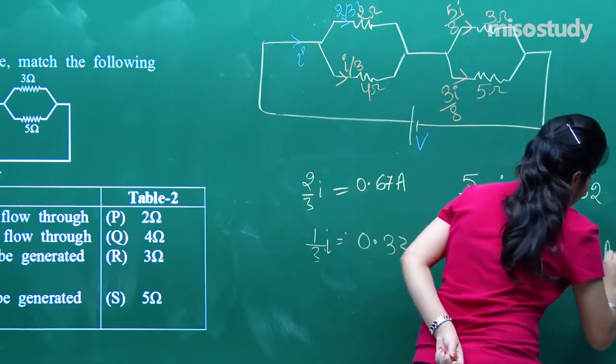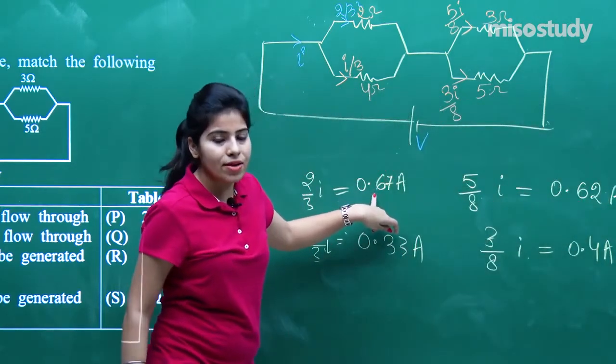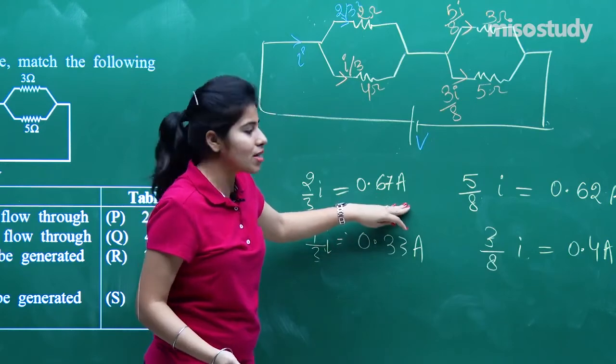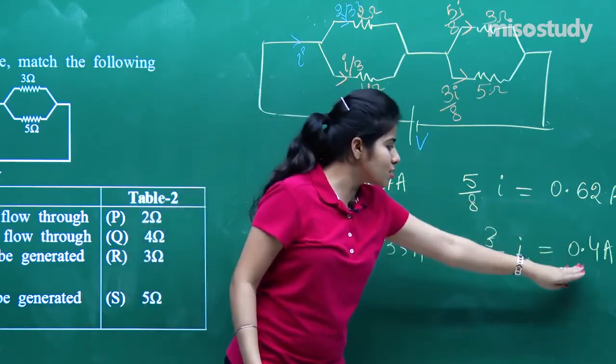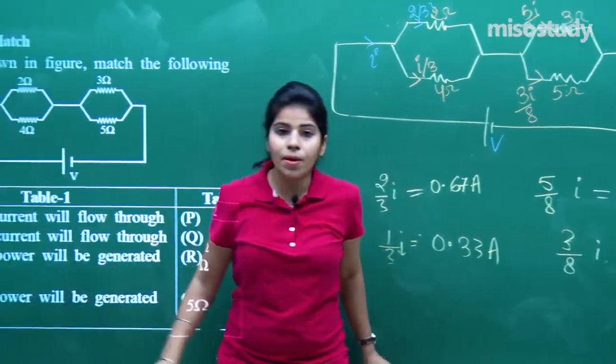Approx 0.4 ampere. These all are ampere. So this is 0.67, that is 0.7 you can say approx. This is 0.6, this is 0.4, and this is 0.3, in which you can see what is the minimum current.